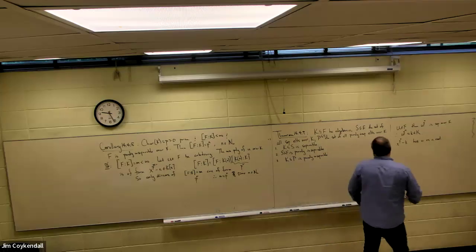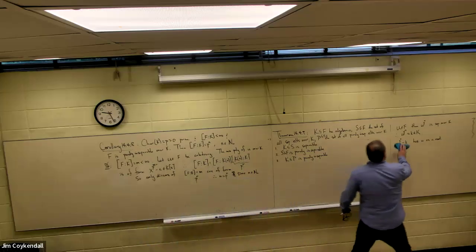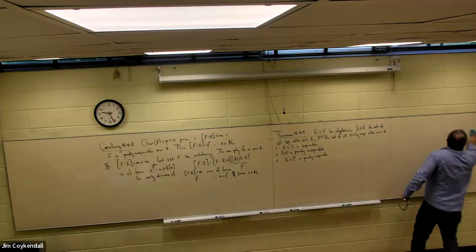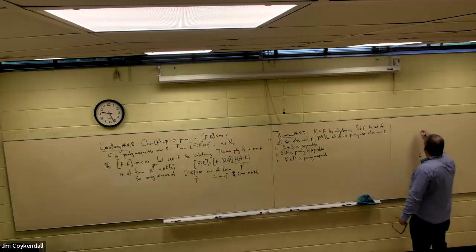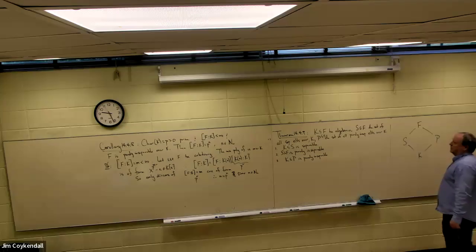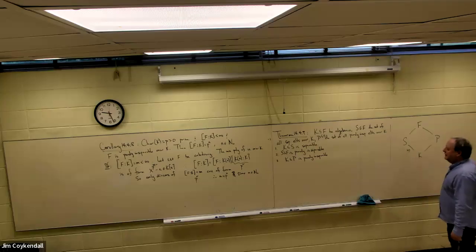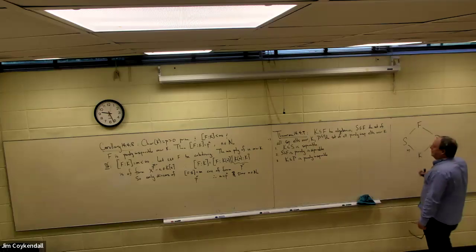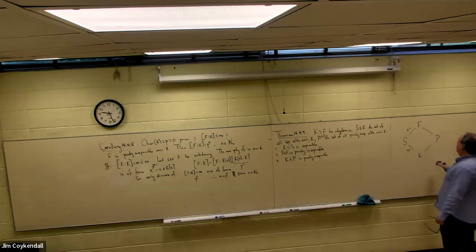So here's kind of the situation we've got going on thus far. We've got this base field K, and we've got this algebraic extension F, and then we have the separable elements, the purely inseparable elements. These are all field extensions. This one is separable. S inside F is purely inseparable. K inside P is purely inseparable.